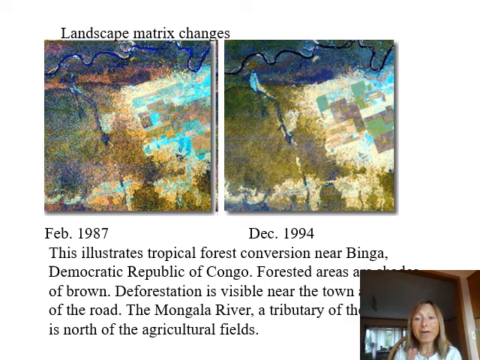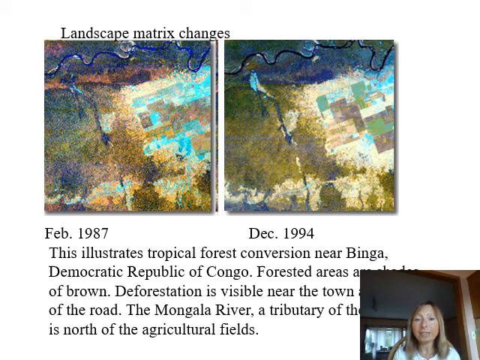Here is another pair of quite old satellite images. I chose them because, again, they show how quickly tropical rainforest is disappearing as a result of landscape fragmentation. So you also see very close images in terms of time, right? They're 7 years apart.